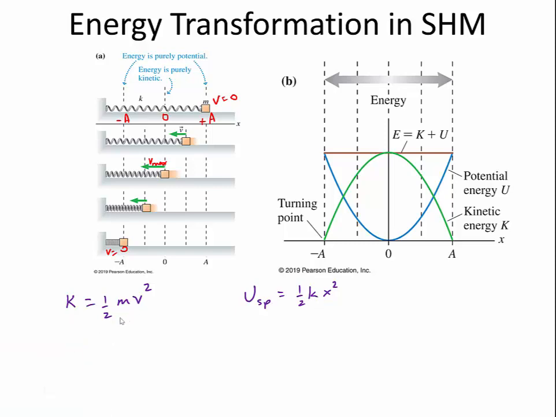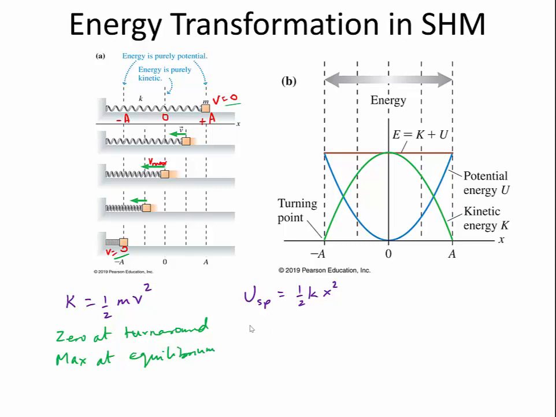Kinetic energy is going to be 0 at the turnaround points, because at the turnaround points we see that the velocity is 0. So kinetic energy is 0 at turnaround points. And it's maximum at the equilibrium point because that's where it's moving the fastest.